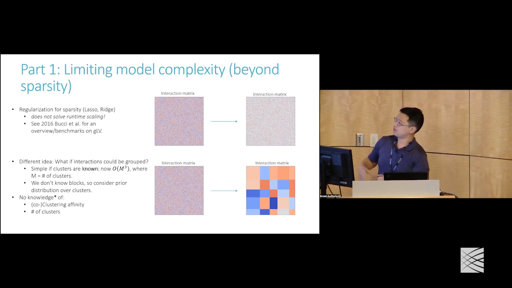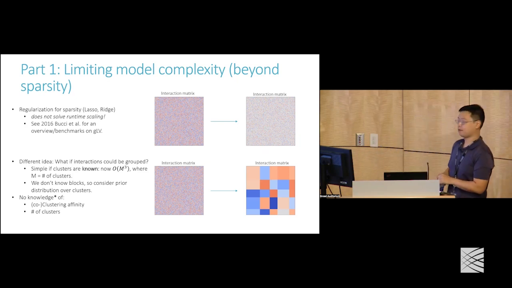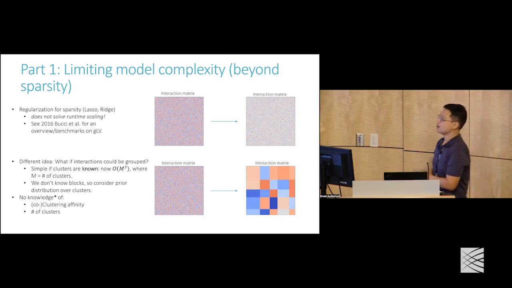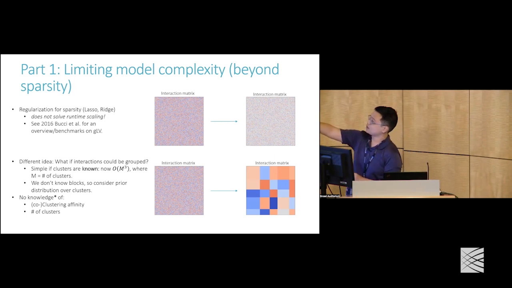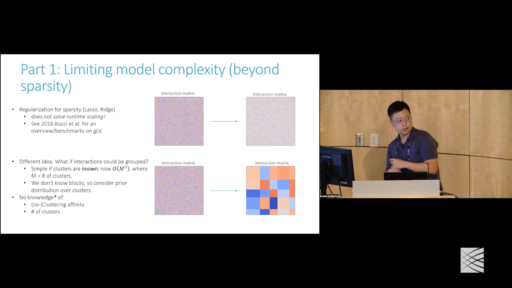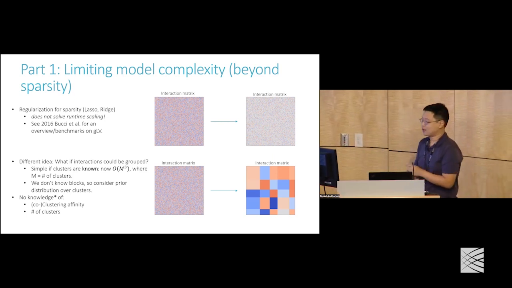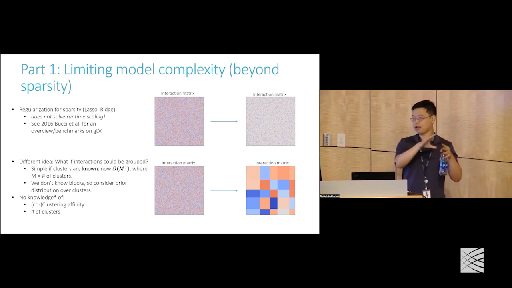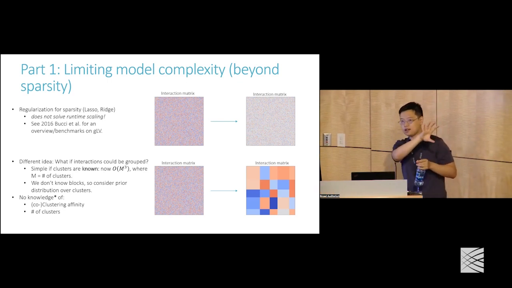The tantalizing question is: what if there's a permutation of the rows and columns, a way to group the organisms so that the interaction matrix roughly looks like a block matrix? All the organisms in a group interact in the same way with all the other organisms in the system.